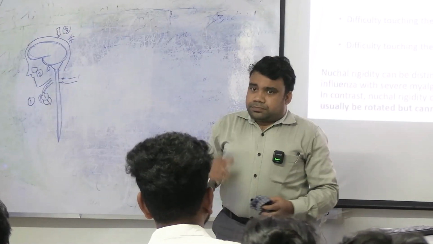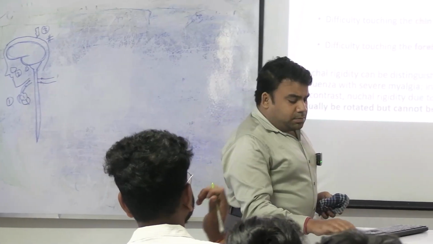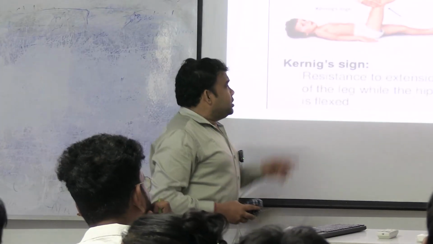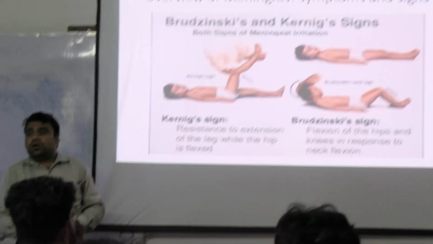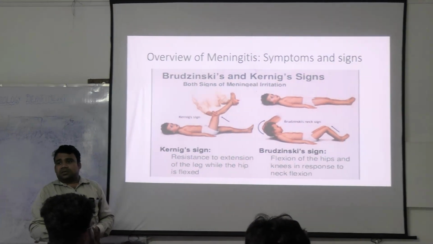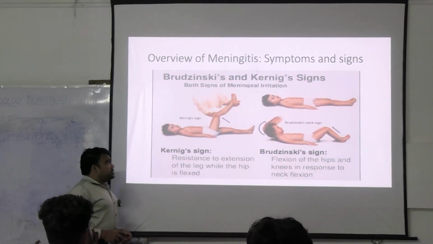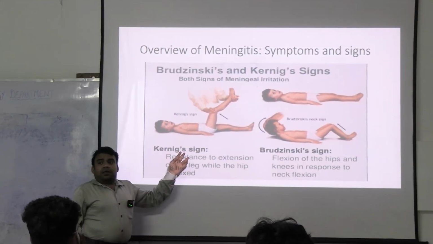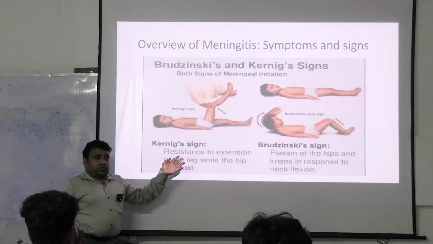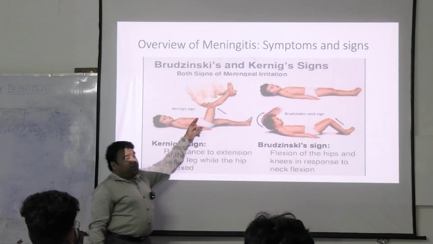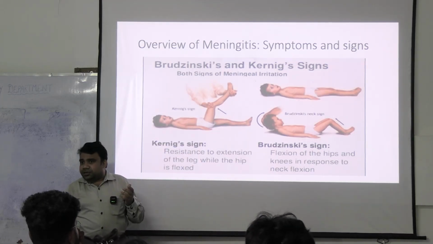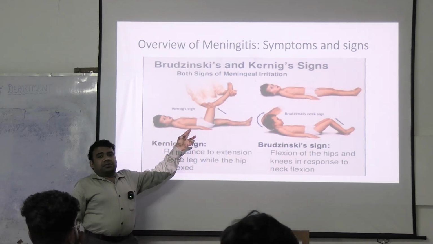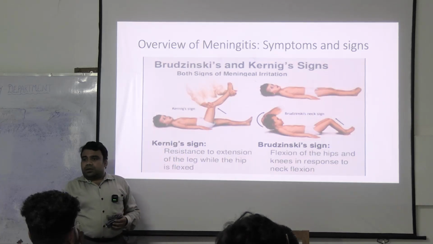Now the signs of meningism, very common two signs, is called as either Kernig's sign or Brudzinski's sign. What is Kernig's sign? Kernig's sign is, if you can see, the child is laid in a supine position. Then the hip is flexed and the knee is extended. When this happens, what will happen?